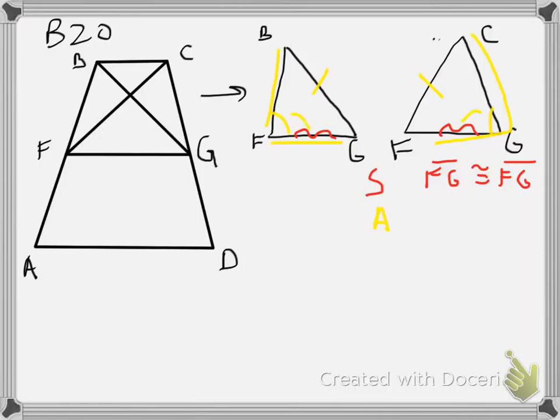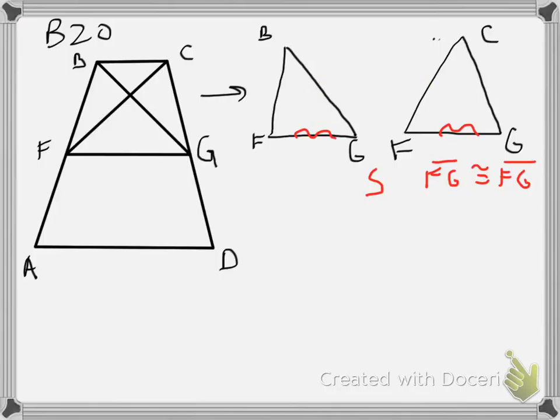But we have another side right here that's across from there. Is that one of our shortcuts? Absolutely not. So we can't say that knowing that information is enough. Saying that BG is the same as CF and angle BFG is the same as CGF is not enough information because we're going to get SSA. So I'm going to erase those off.